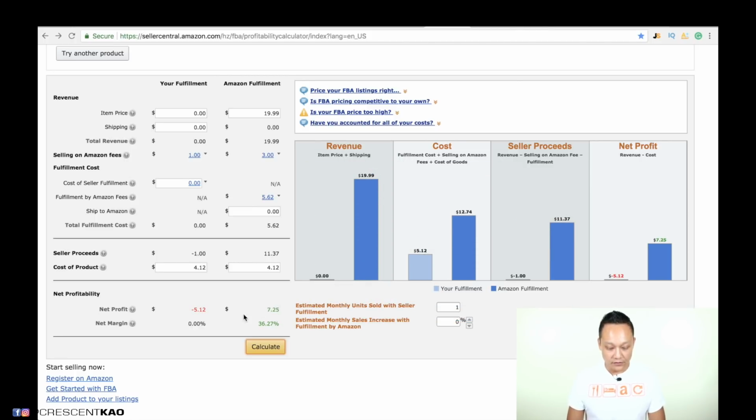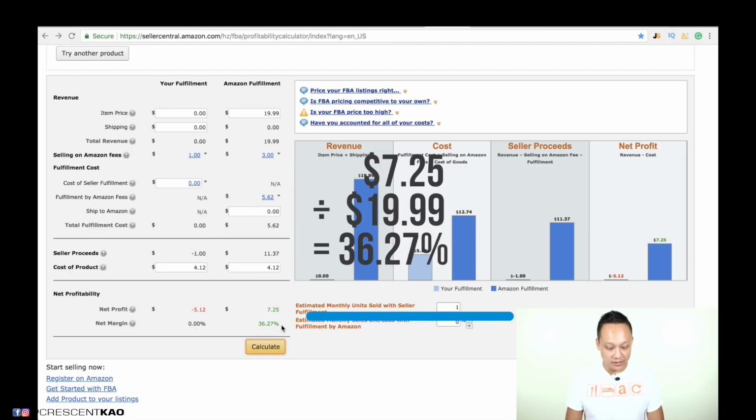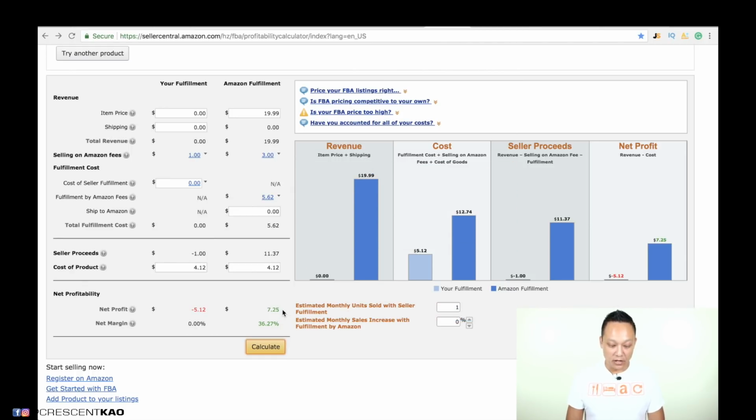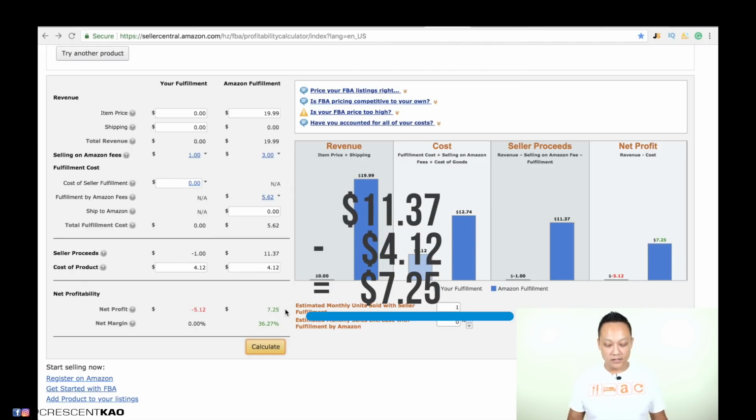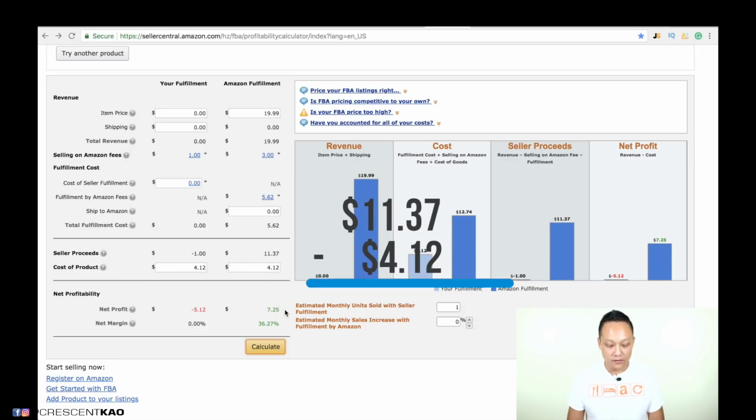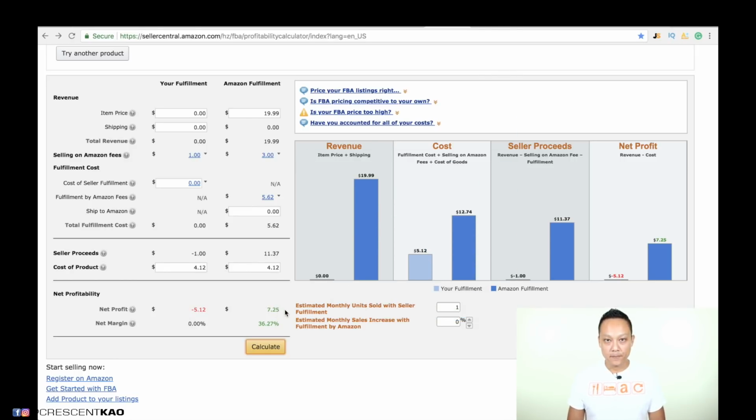All right, and this gives you your margin, which is 36.27%. All right, so your net profit is $7.25. So what's a net profit? Net profit is your $11.37 minus your cost of the product that you paid to have it manufactured, gives you your $7.25. Okay, does that make sense?